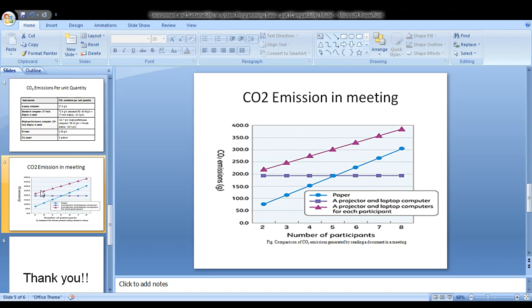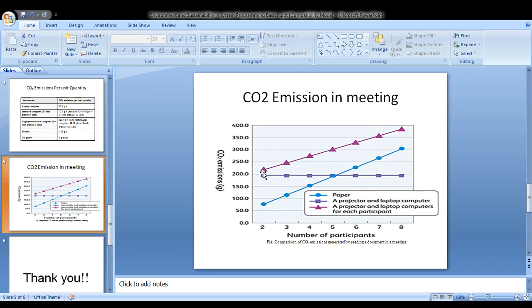These are classified into three types. When we use paper in a meeting, there is a ratio we observe from this graph. These increase linearly when we use paper. Then when we use a projector or laptop computer, the CO2 emission is constant. The third type is a projector and laptop computers for each participant.